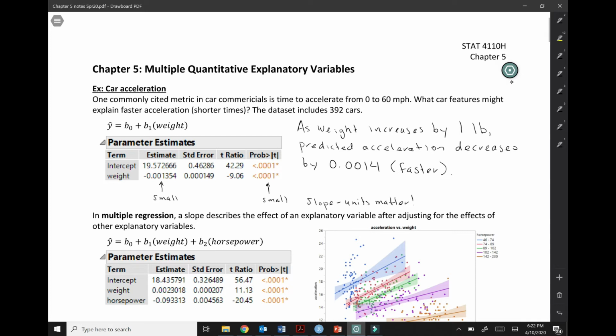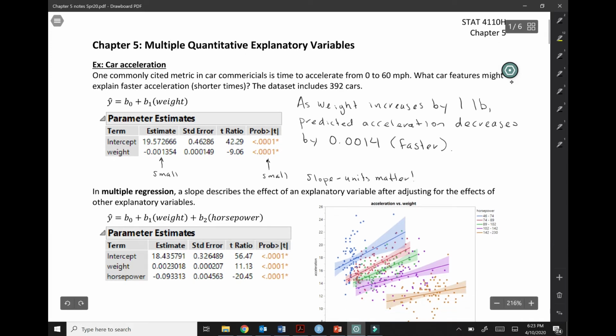So we don't expect that to change very much, right? Also, acceleration, we don't have a huge range of acceleration times. So those units matter too. The other thing is that this has 392 cars. So we do have a large sample size here. And remember, with a large sample size, you can end up with strong evidence even if your effect is pretty small.